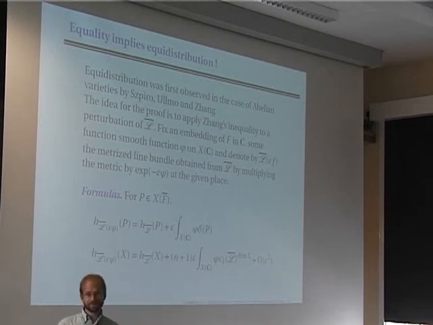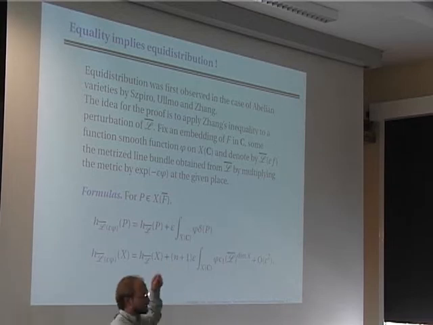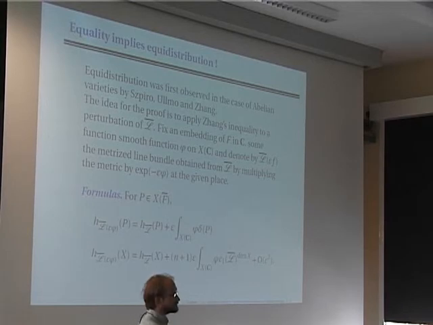complex equidistribution. And you denote by L bar of epsilon phi the metrized line model which is obtained from L bar by multiplying the metric by exponential of minus epsilon phi.